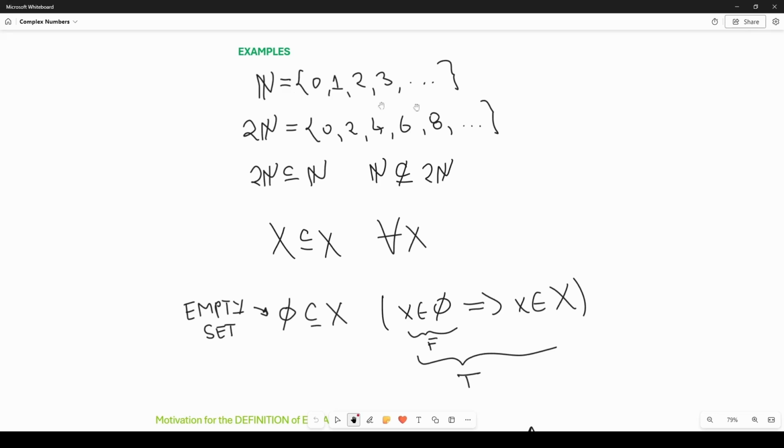Here's the set of natural numbers. Here's the set of even natural numbers. And the set of even natural numbers is a subset of the natural numbers, whilst the set of natural numbers is not a subset of the even natural numbers.